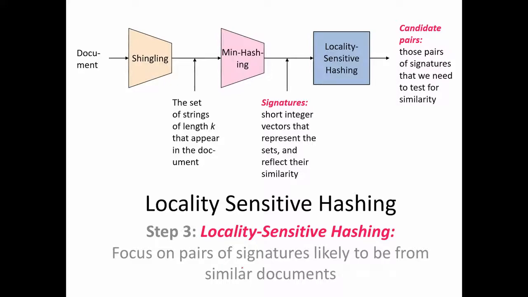Now that you have got the min hash signatures efficiently for all the documents, how do you efficiently compute the locality sensitive hash function? The answer is to use what is called locality sensitive hashing.